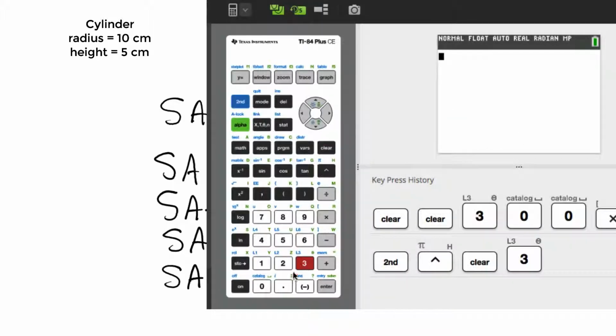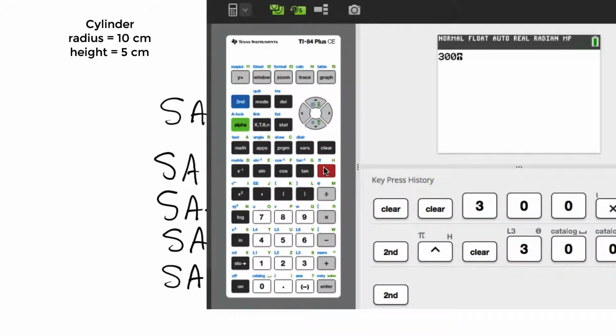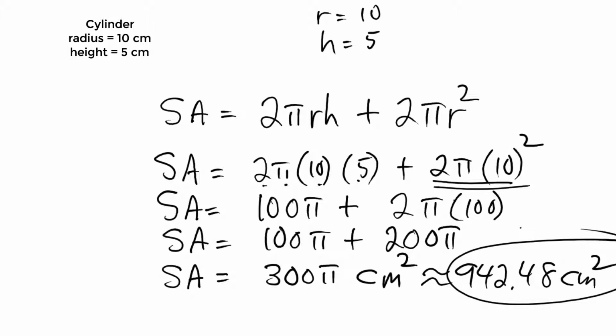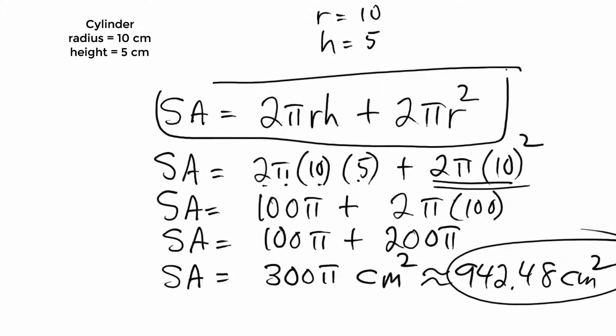So if I type in 300 times pi, 300 pi, don't even need the multiply sign. My decimal is 942.48, is approximately 942.48 centimeters squared. So when you're doing the surface area of a cylinder, you can apply this formula directly.